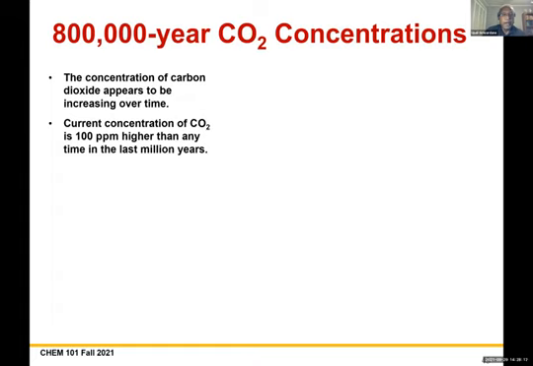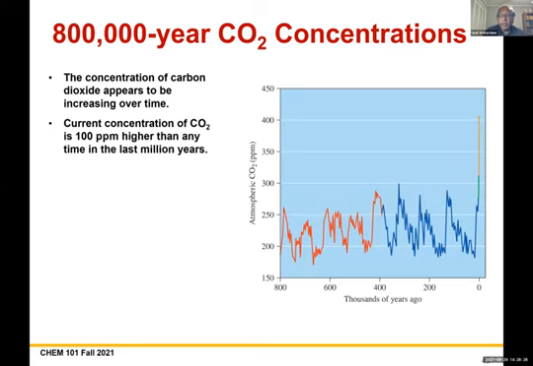The concentration of carbon dioxide is 100 ppm higher than at any time in the last million years. Normally, if you look at the ice core data and other data, 200 ppm is the normal.